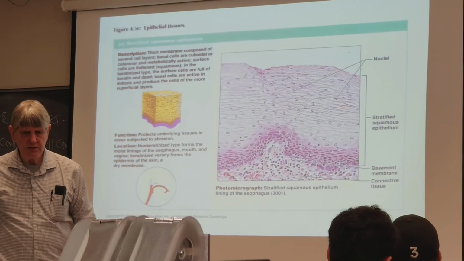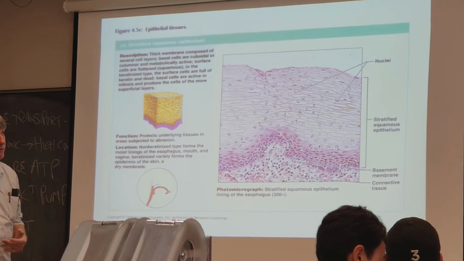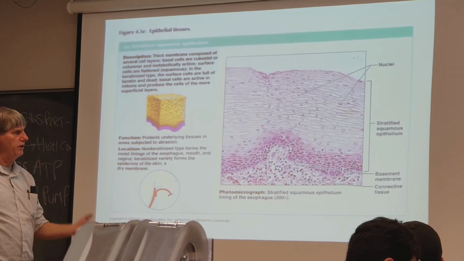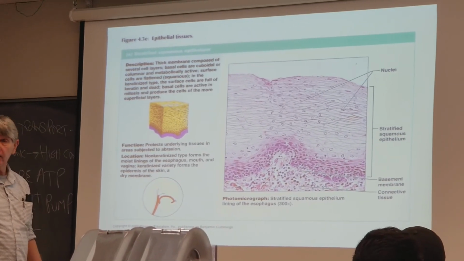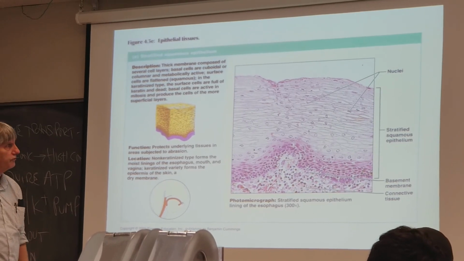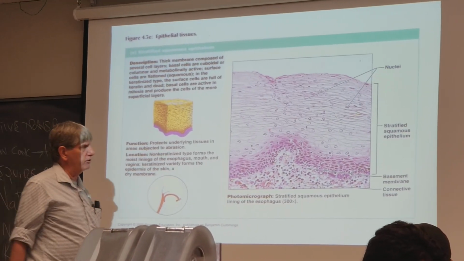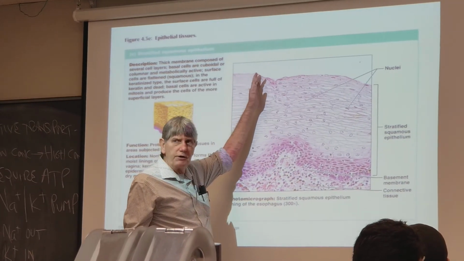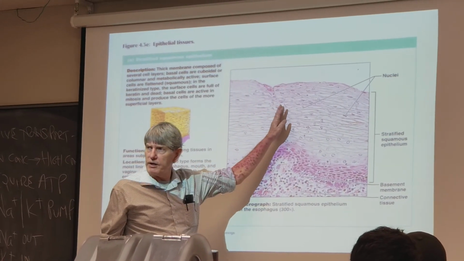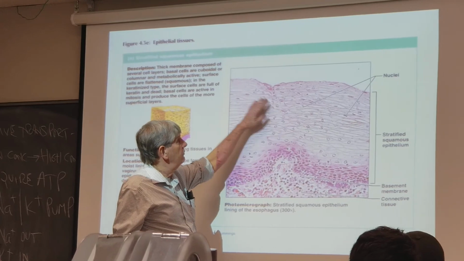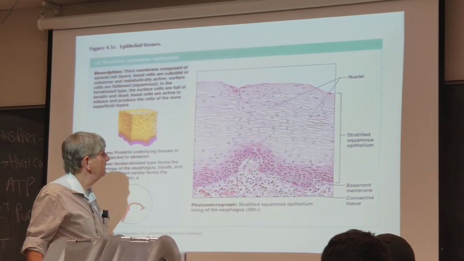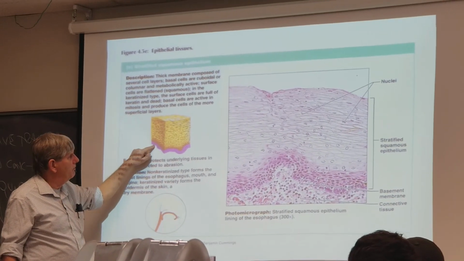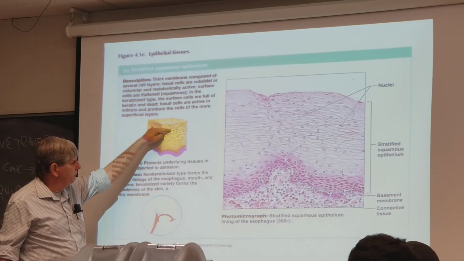All right, and then the stratified squamous, which again we had a non-keratinized living, and we had keratinized for the epidermis of the skin. Multi-layered because it's stratified. Again, begins right here. There's like 20 to 30 to 50 layers depending on where it is, particularly with the skin. Cells at the top thin and flat, showing again with the diagram, just lots and lots of layers of cells.